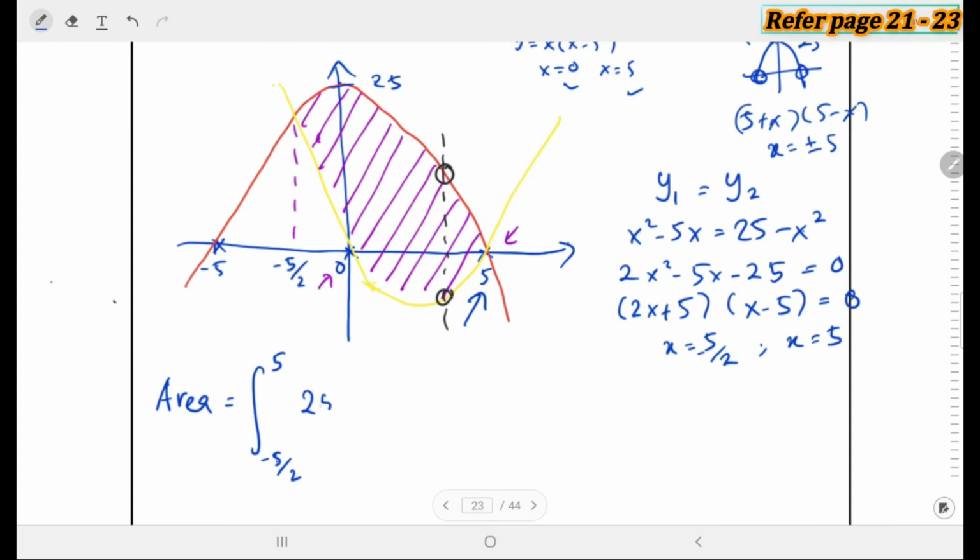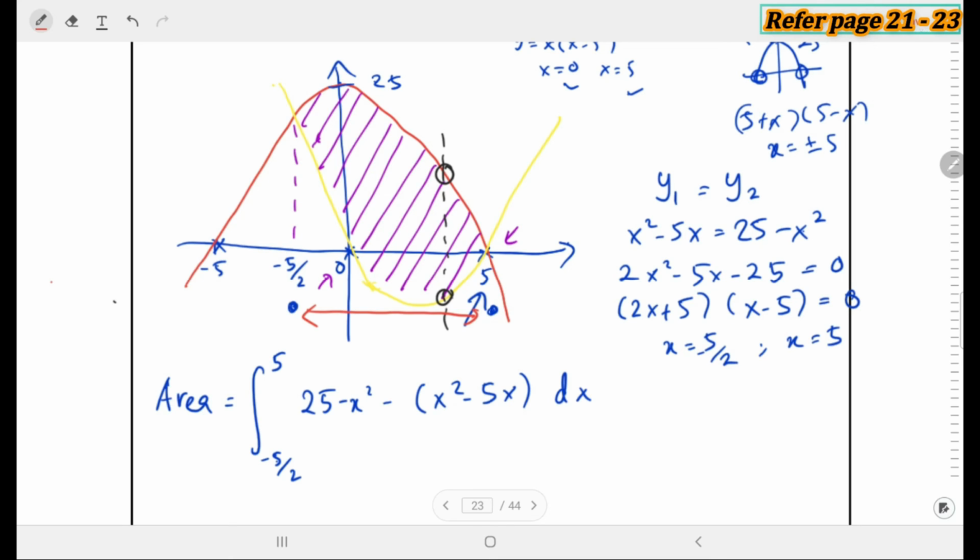So 25 minus x squared minus x squared minus 5x with respect to x. There is no need to split this region into 2 parts or 3 parts, because if we look closely at the region from negative 5 over 2 to 5, obviously only 2 curves are involved.